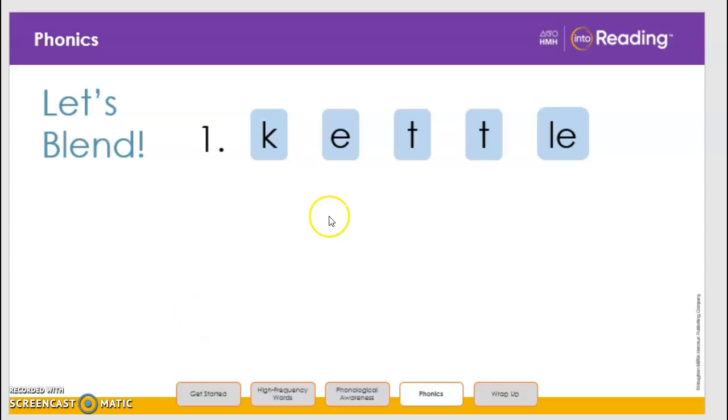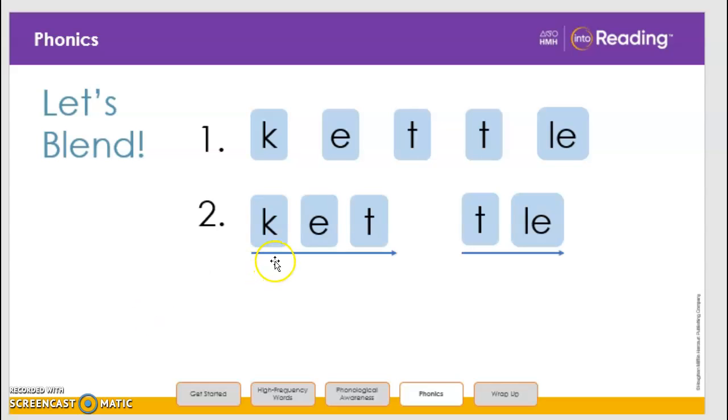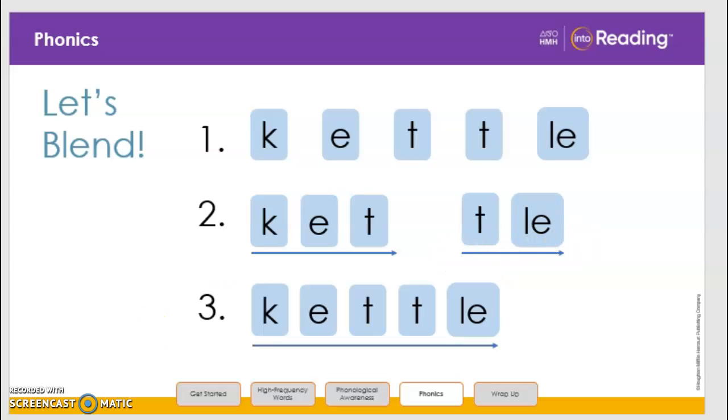Let's try another one. We have K-E-T-T-L-E. What is this word? Kettle. K-E-T is ket. T-L-E, tul. Put it all together. Kettle.